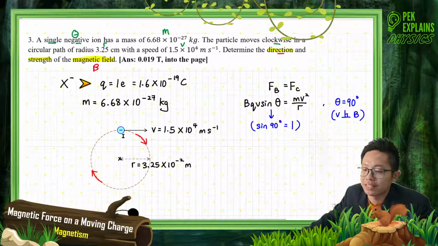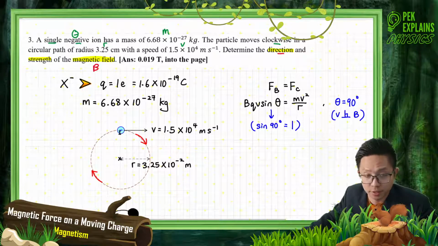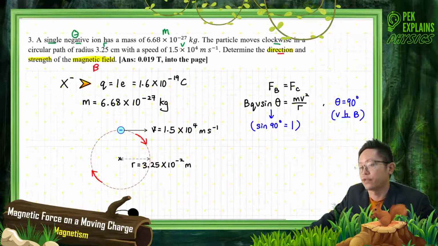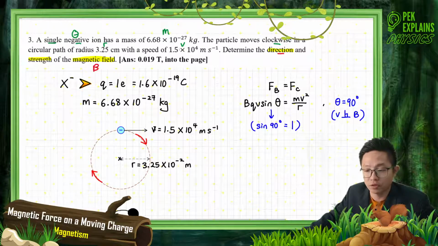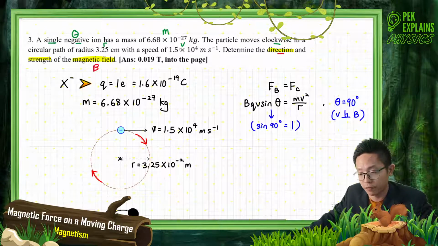Let's say the negative charge is at the top of the circle here. If it is clockwise, the negative charge at the top is moving to the right. So I draw like that. What do you think is the force?